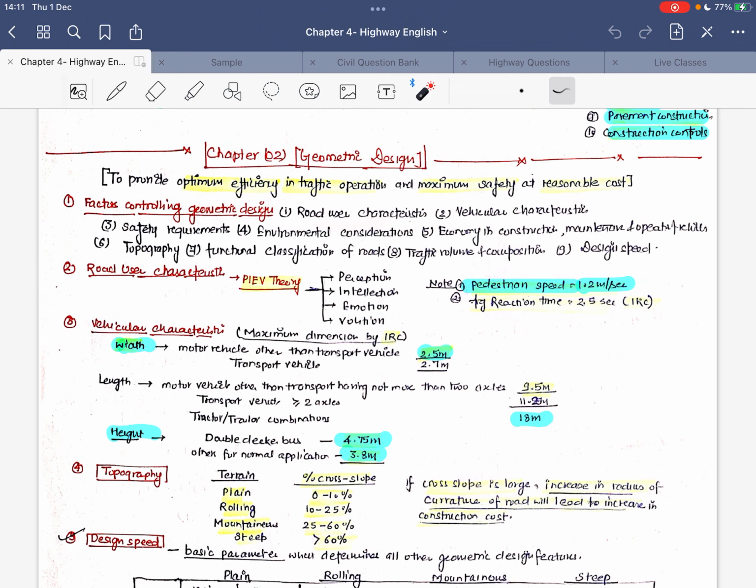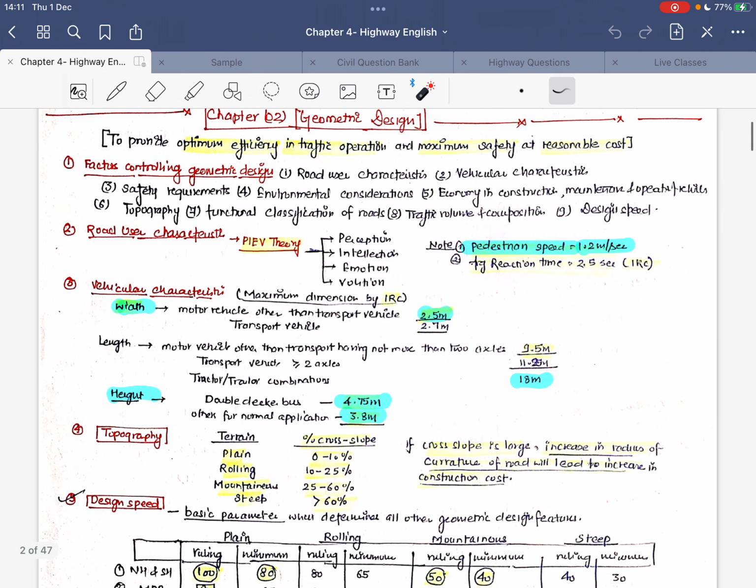Those are road user characteristics, vehicular characteristics, requirements for safety, environmental considerations, economy in construction, maintenance and operation of vehicles, topography, functional classification of roads, traffic volume and composition, and the design speed. These are some of the factors found affecting the geometric design of a highway. We are not going into that much depth because not many questions are asked on this particular topic.